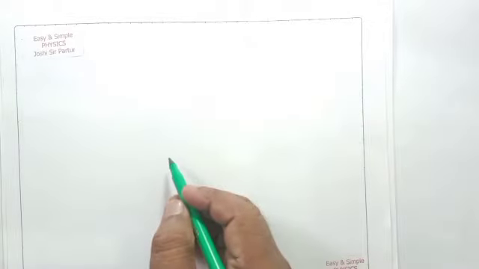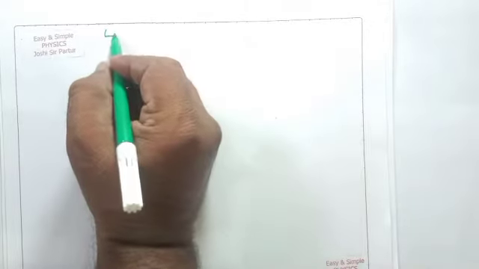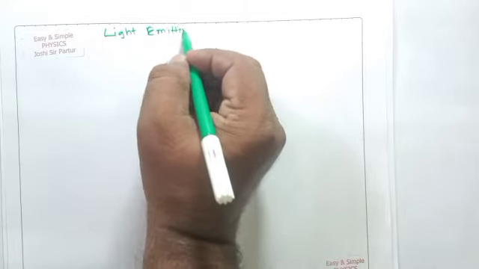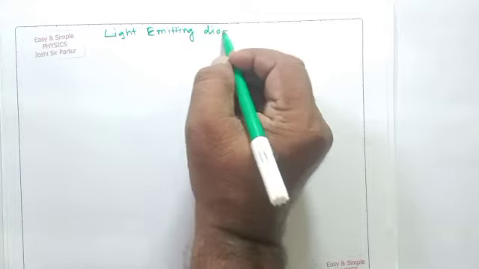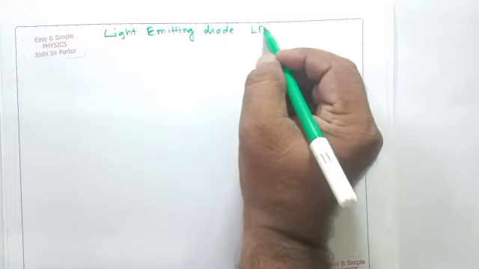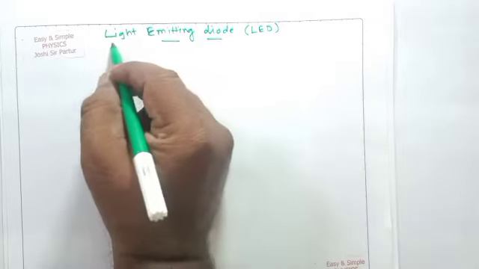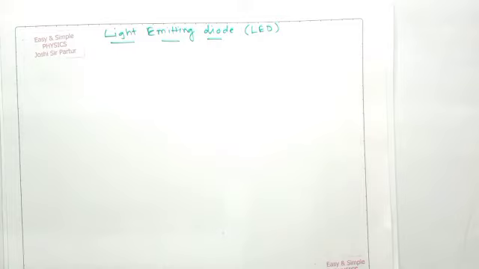Number 1 is the Zener diode, then the photodiode, then the solar cell, and fourth is the light emitting diode, which is commonly named as LED. This light emitting diode is nothing but a special purpose junction diode.